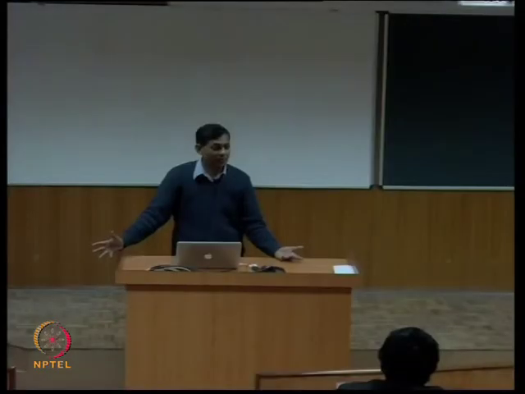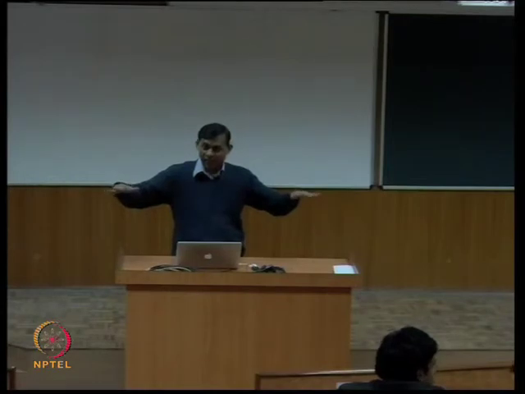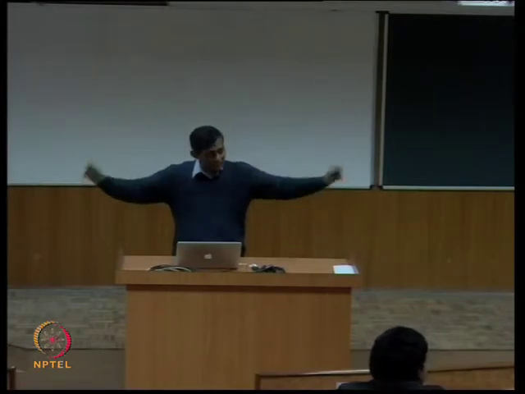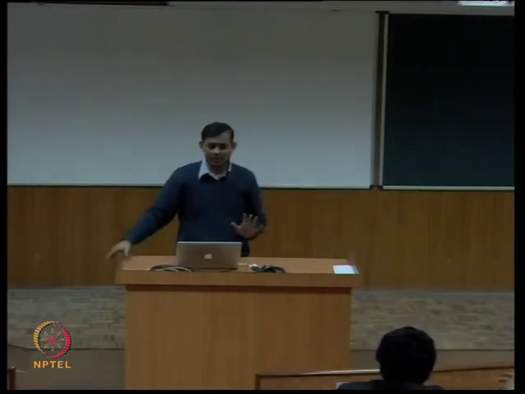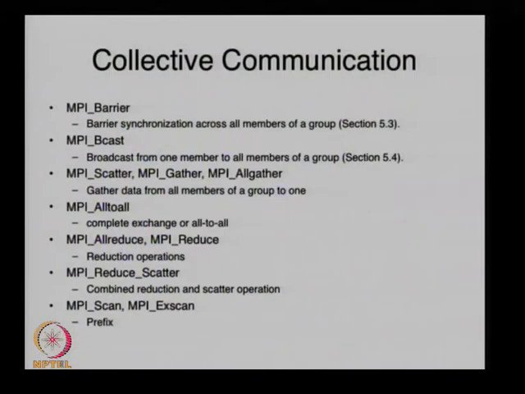Everybody in the group must get there. Which means everybody must call this function. And when everybody has called this function, you can proceed. MPI broadcast is one, sending to everybody in the group.